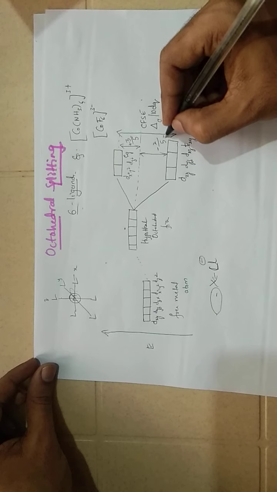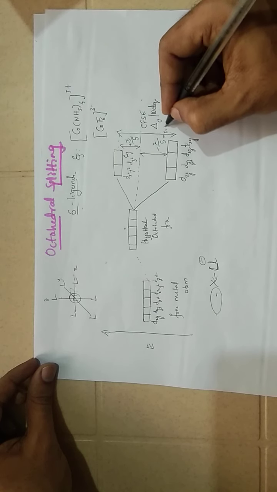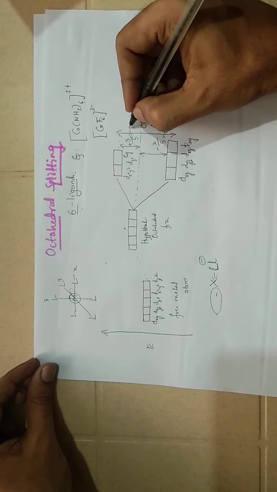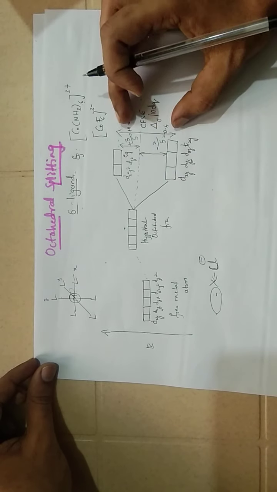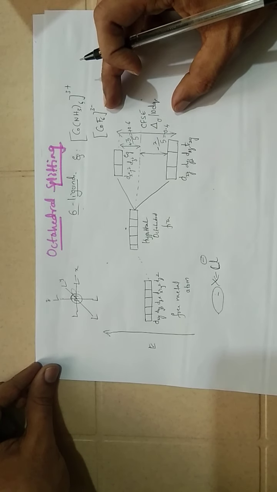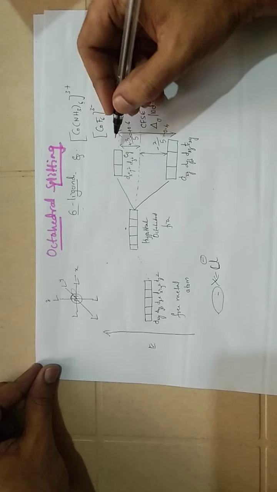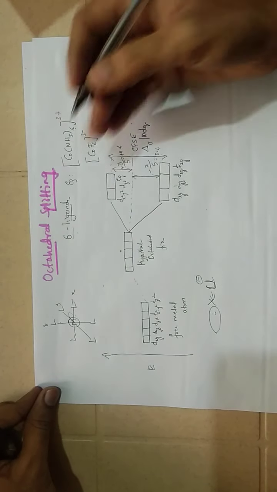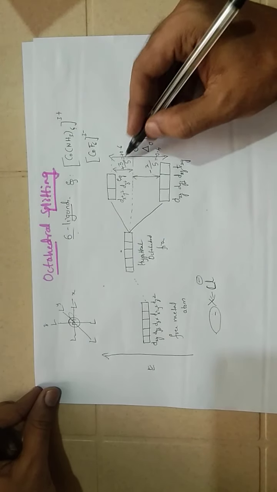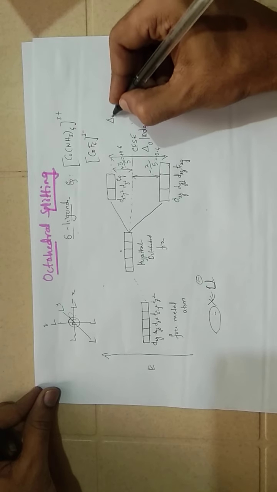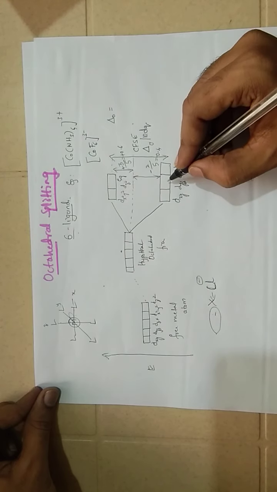I can write this as 0.4, minus 0.4. This can be plus 0.6. This is your splitting energy, very important, you should remember. So T2g and Eg set. Now you can calculate the splitting energy, that is delta O. You can calculate based on the number of electrons.